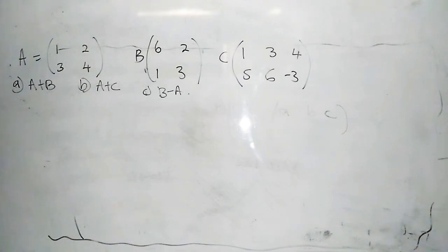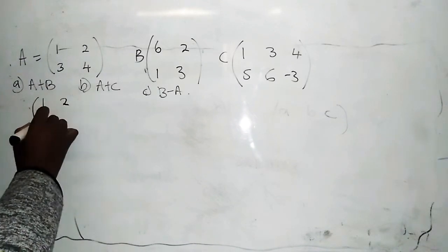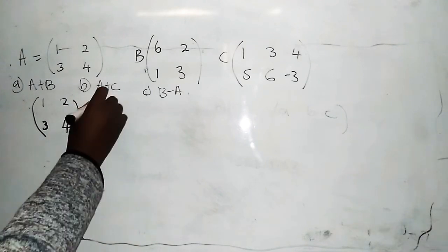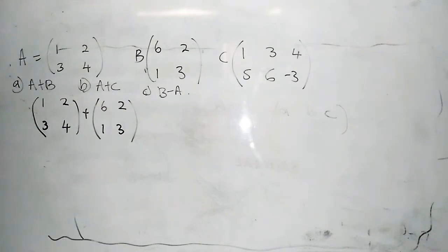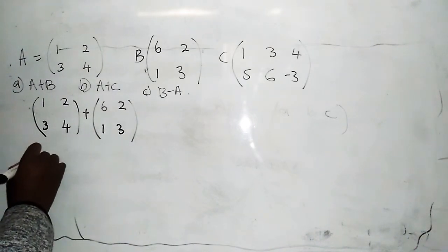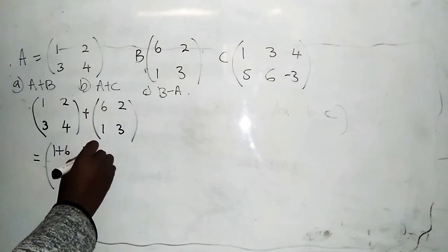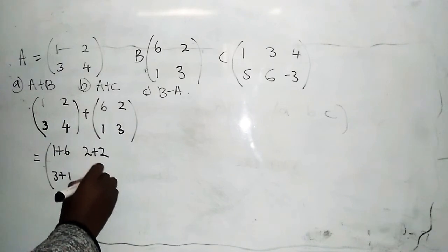Okay, so for A plus B, I'm just going to write my matrix A, which is matrix 1, 2, 3, 4 like that, plus matrix B, which is 6, 2, 1, 3. Remember, we add them according to their positions, meaning to say 1 plus 6, and then 2 plus 2, 3 plus 1, and 4 plus 3.